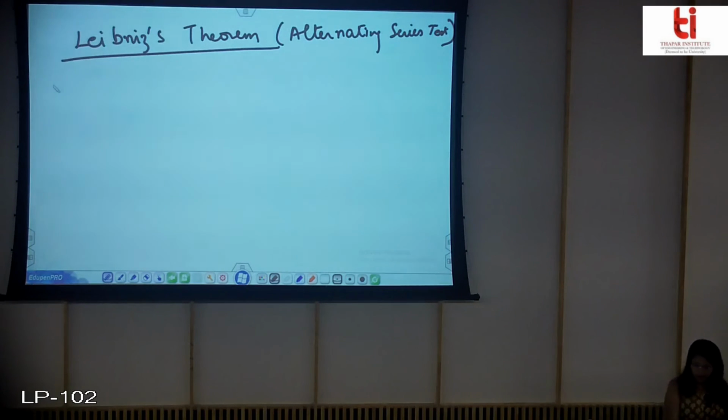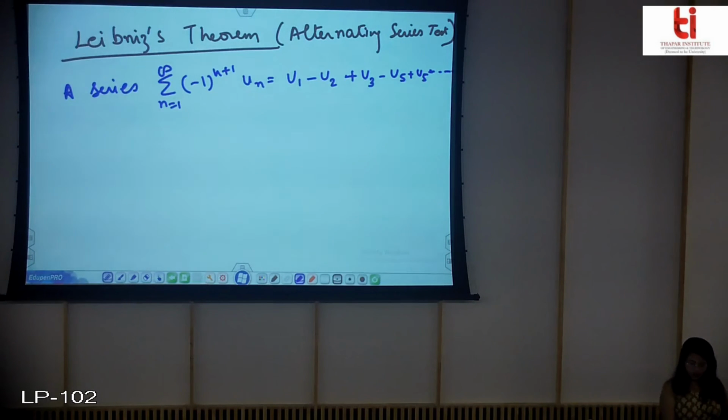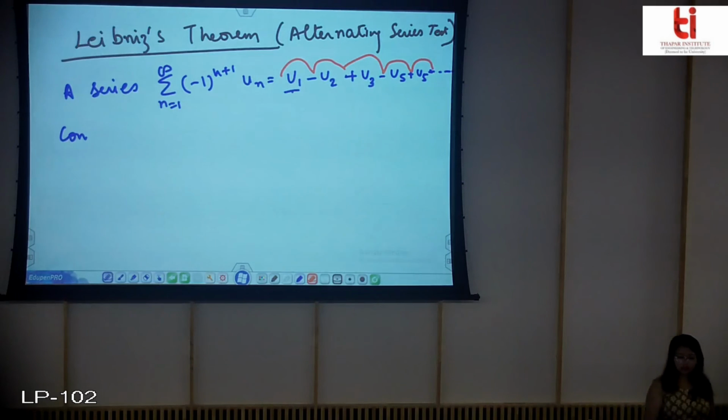I'll write from the beginning: a series of this kind, you can see that this is an alternating series, plus minus. So you are getting alternating signs. This series converges if the following three conditions are satisfied.